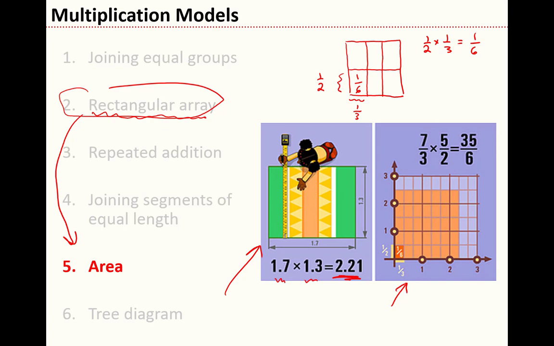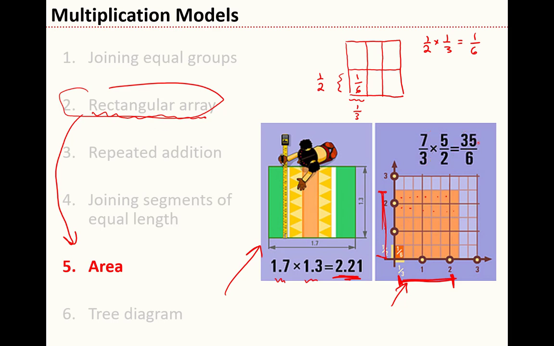In the picture down below, they do something even more. They say 7/3, so that's the length going across, my 7/3 wide, and then 5/2 is the height going up. And you can see that the orange parts are all sixths, and so you could literally count all those sixths in there and discover that you have 35/6.